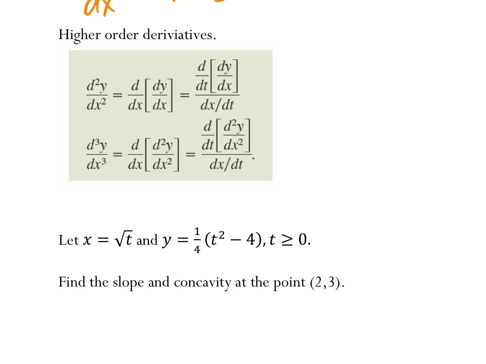So on top, we're going to take d/dt of dy/dx, our first derivative, which will be in terms of t at that point, over dx/dt, which we will have already found as well. So let's look at an example.